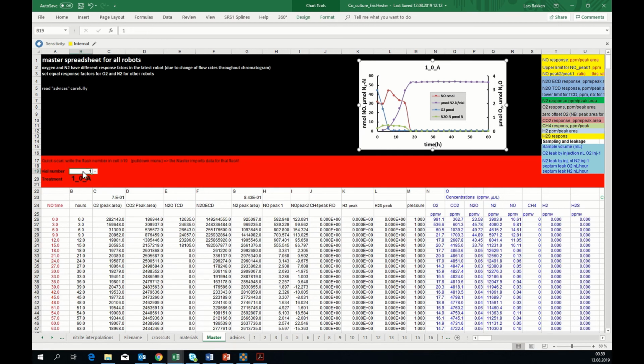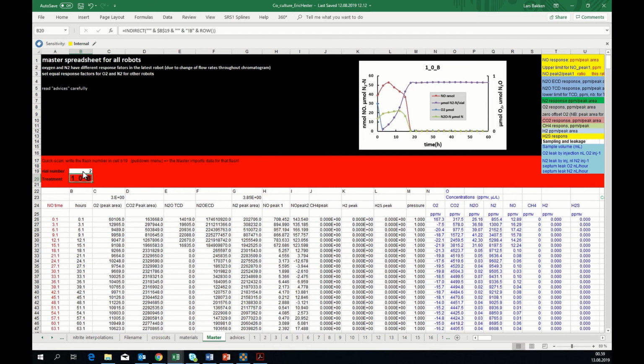If I now change the number in this one, I import the data from vial number 2 into master. You can see that the raw data changes as I change these values. I go to number 3, I go to number 4, it goes slower and slower.